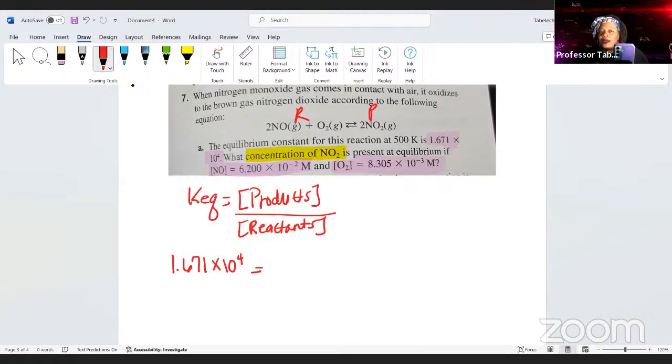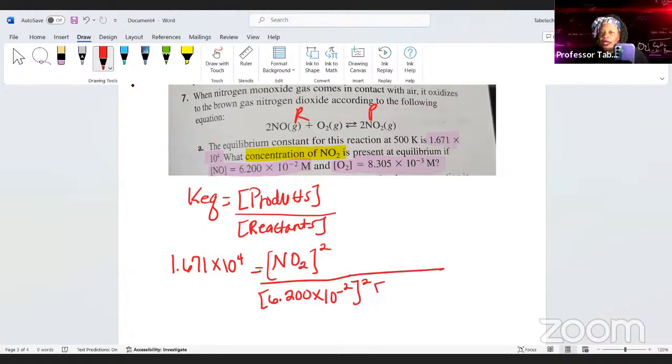So the product here is NO2, and that's squared, divided by the concentration of NO, which is 6.200 times 10 to the negative 2nd power, and that's squared. All of that times oxygen's value, which is 8.305 times 10 to the negative 3rd power, okay?